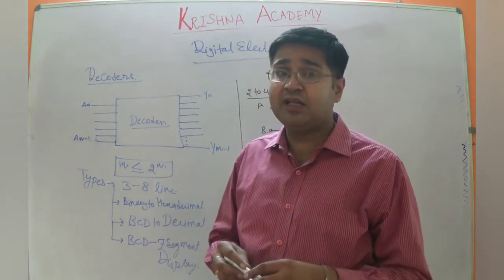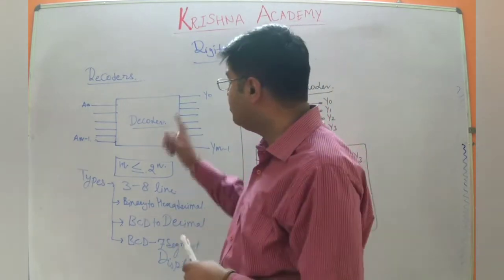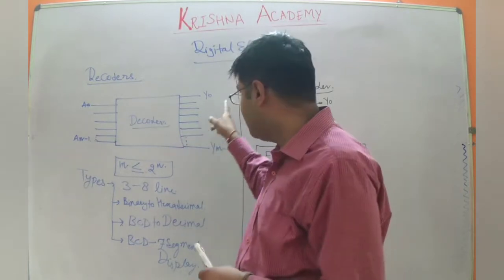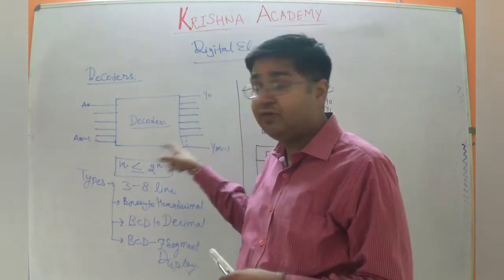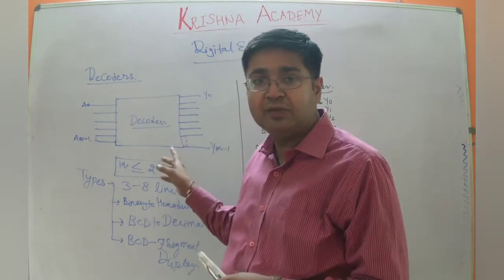Let me mention again, these are combinational circuits which are used to deliver particular information at a particular output when a number of inputs and a number of outputs are available.